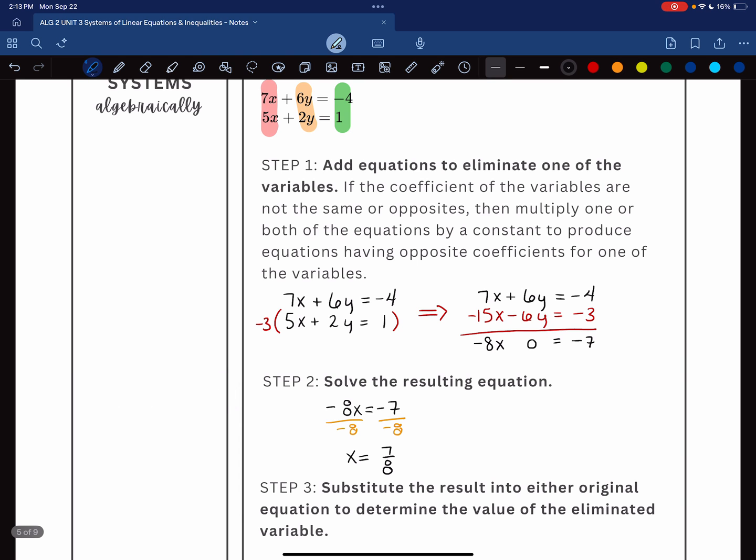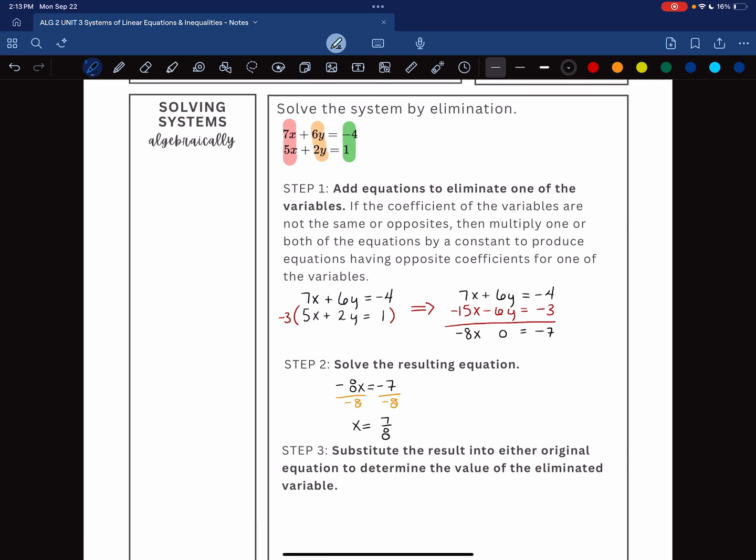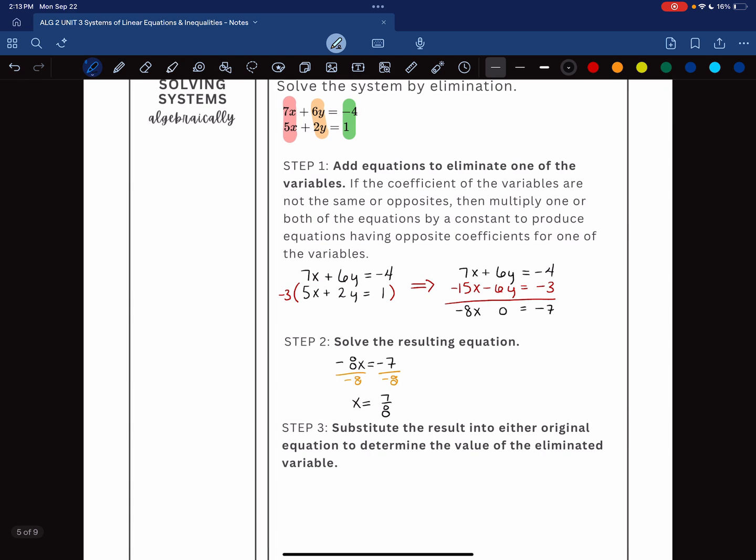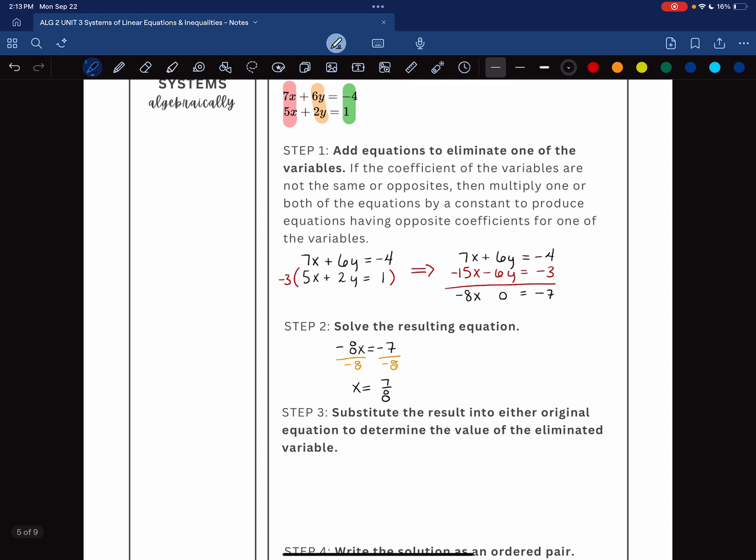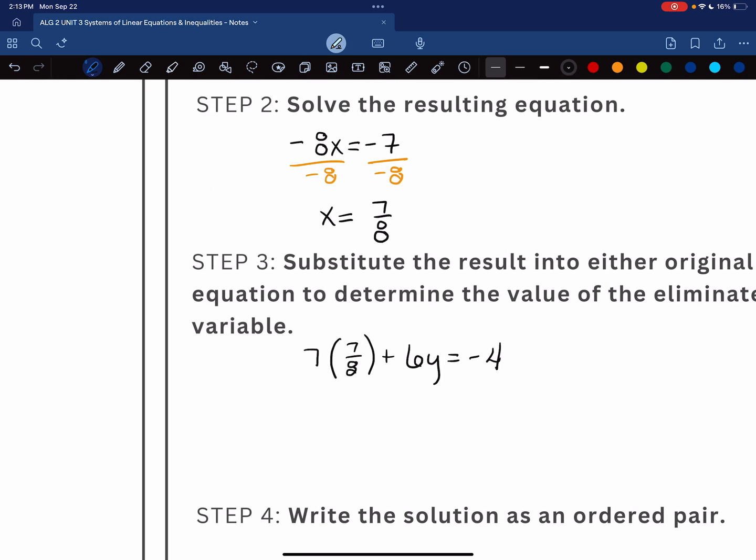It actually doesn't matter which one. They're really both equally difficult, so I'm going to plug it into the first one. And that will allow us to find our value for y now.